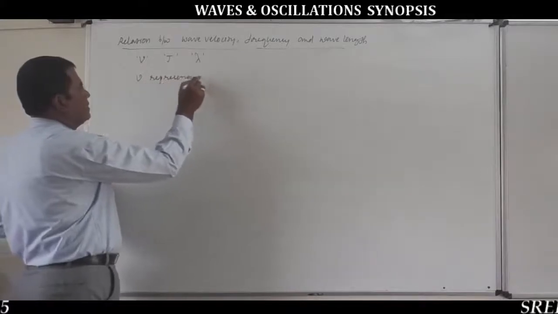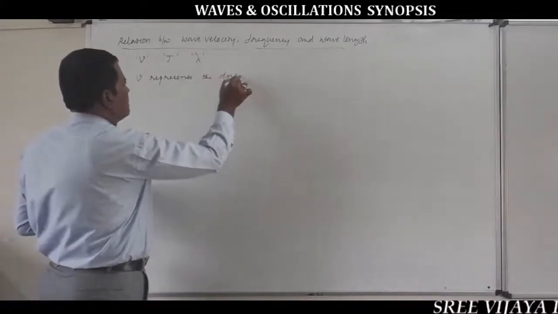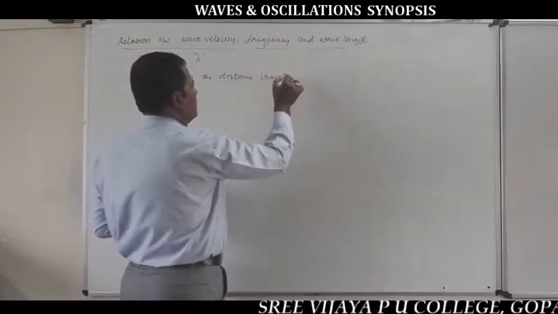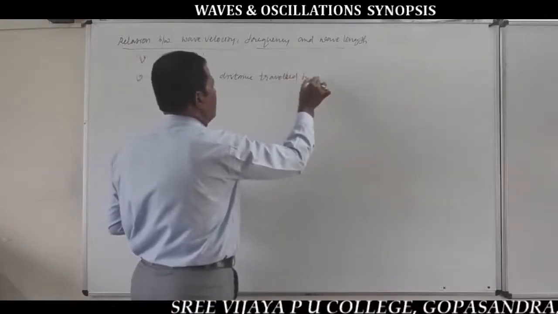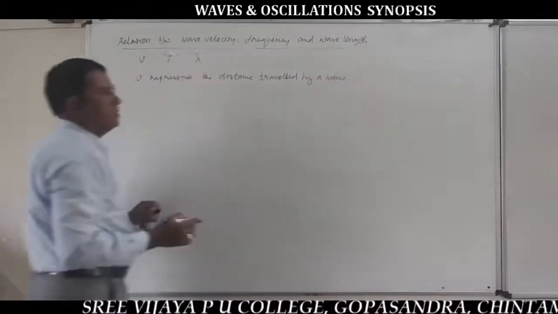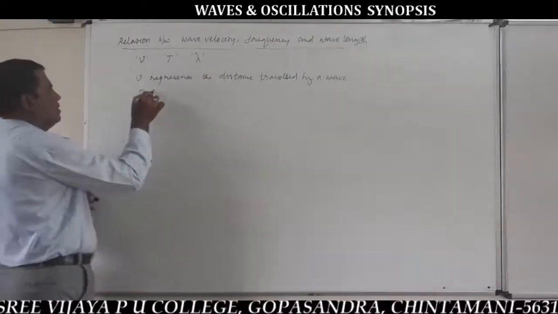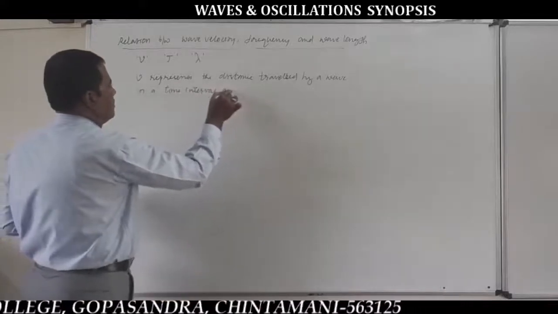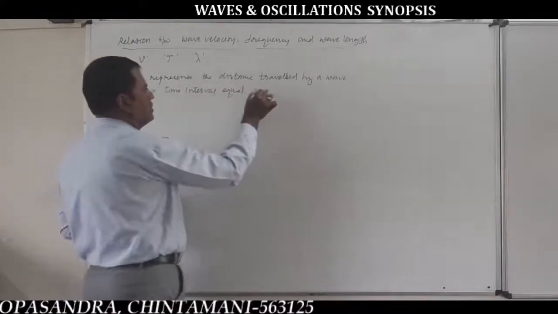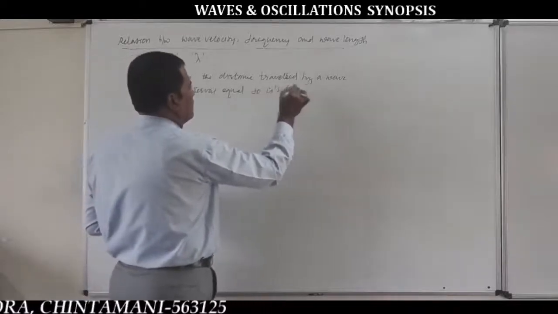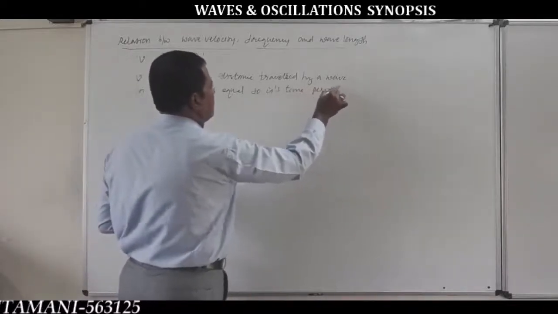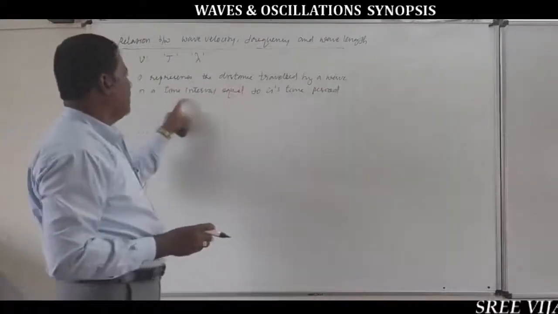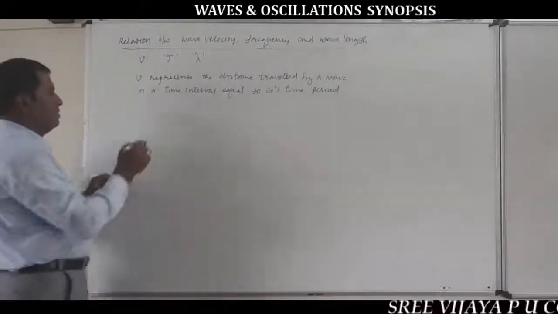V represents the distance traveled by a wave in a time interval equal to its time period. So V is nothing but the wave velocity. It represents the distance traveled by a wave in a time interval equal to its time period.